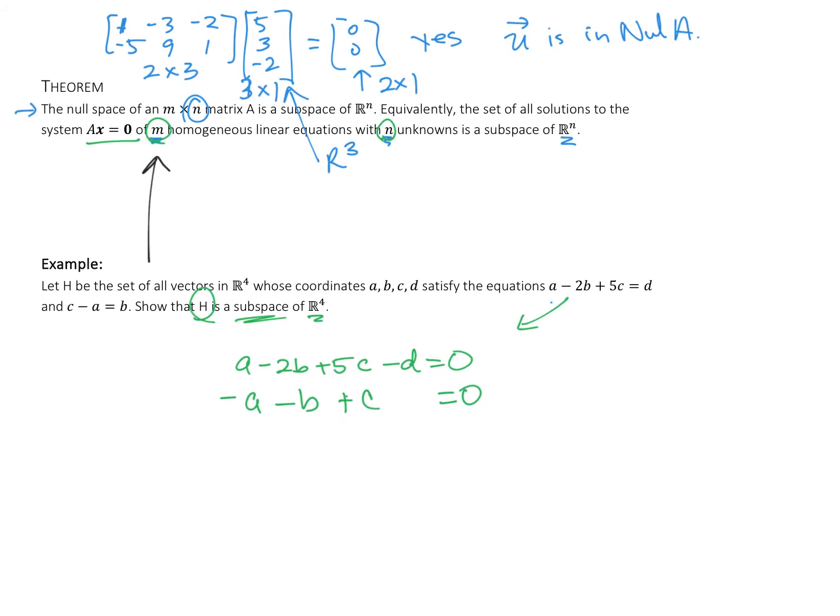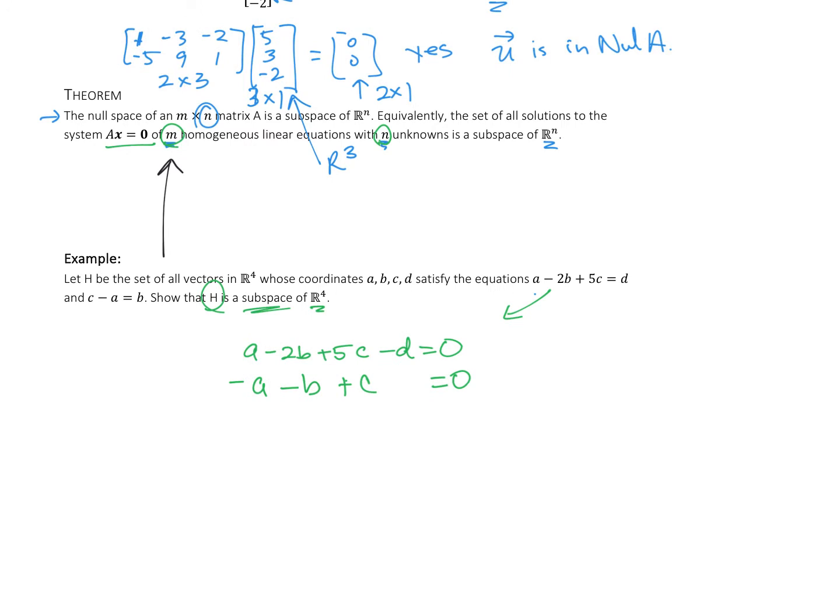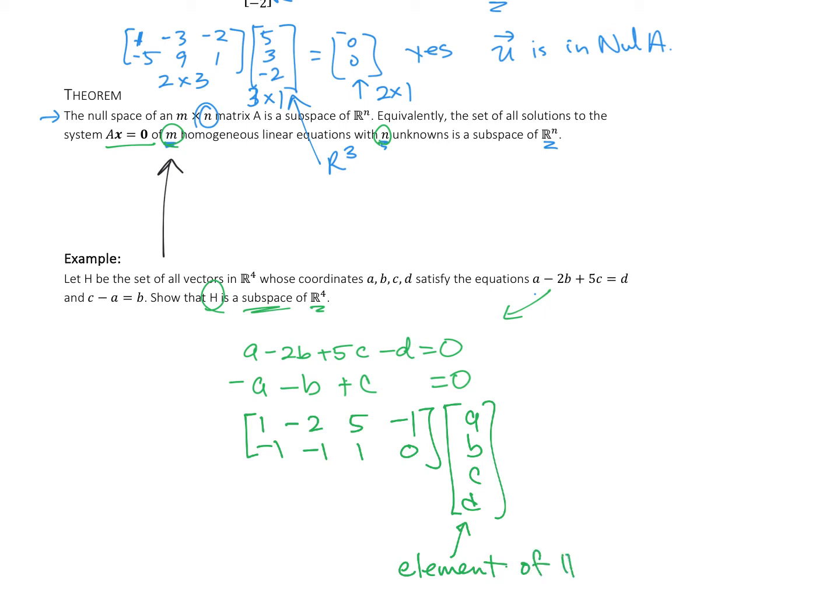And if I write this as a vector equation, you ready? I'm going to take the coefficient matrix, so I have 1, -2, 5, -1, -1, -1, 1, 0, and my x vector is a, b, c, d, which is an element of R4. And we've said that it equals the 0 vector.